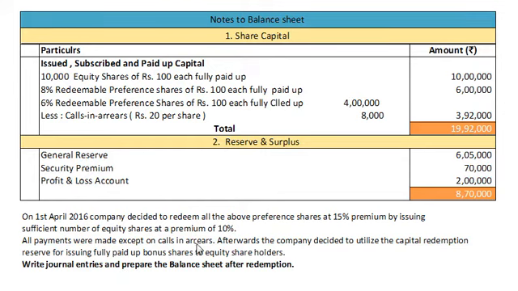As per the information, the company decided to redeem all the above preference shares at 15% premium. For that, a sufficient number of new equity shares, we don't know the number, will be issued at a premium of 10% by the company. All payments were made except on calls in arrears, meaning those preference shares which are partly paid up.